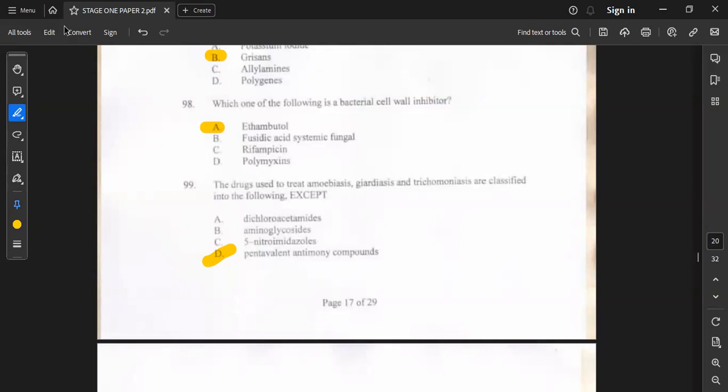In the chat box, what is the question? What's the life cycle of amoebiasis, of giardiasis, of trichomoniasis? How do you get infected?